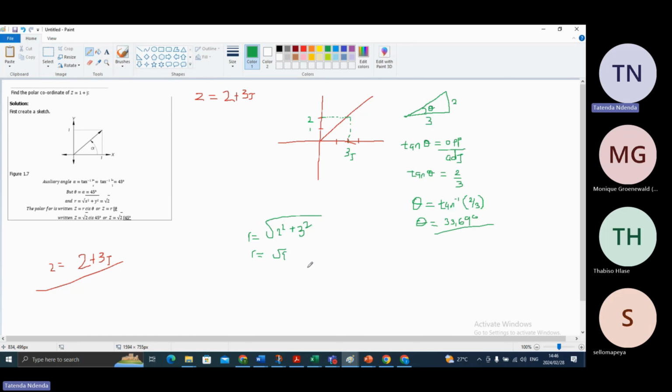At the end of the day, we have root of 9 cis 33.69 degrees, which is the same as saying root of 9 cis 33.69 degrees. Okay, are we together there, guys?